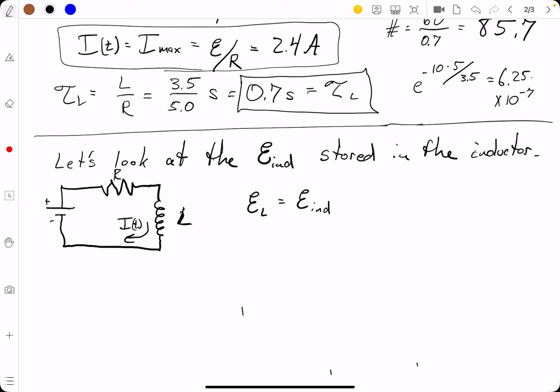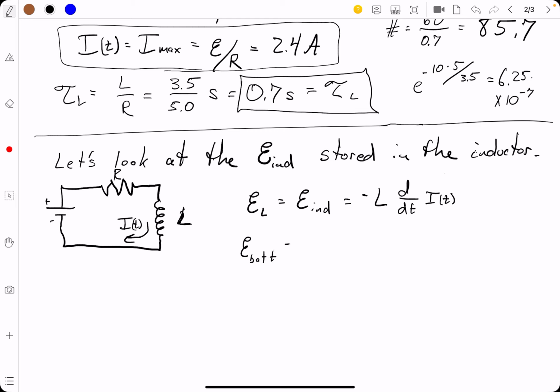So when we found that E L before, we found that to be minus L times the derivative with respect to t of the current. What was the equation that we found earlier? So we had our E battery. This is going back to the loop rule.